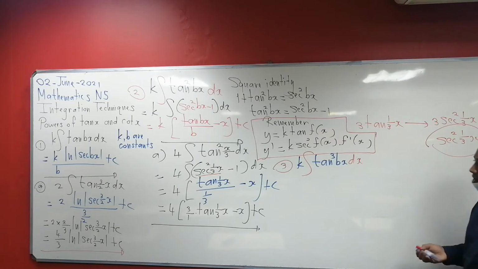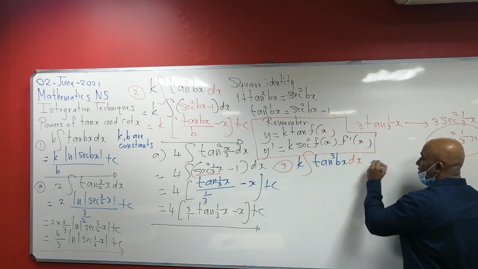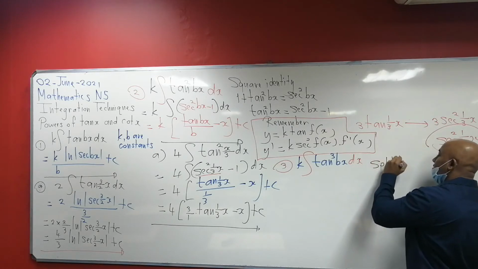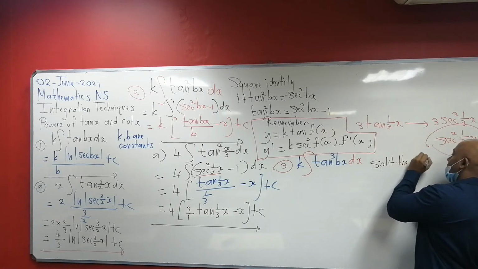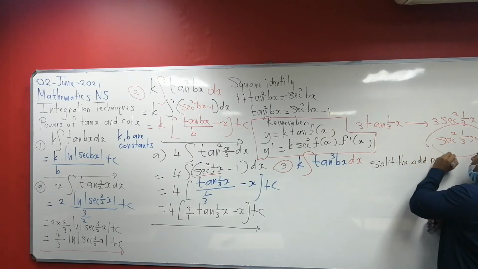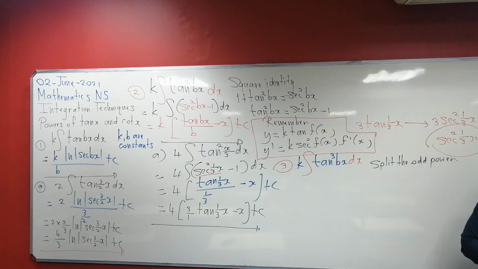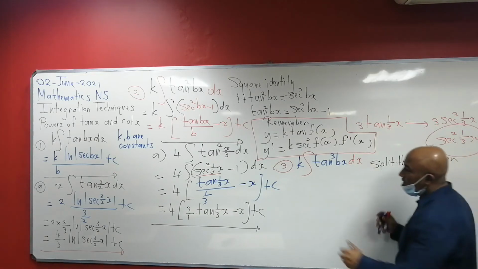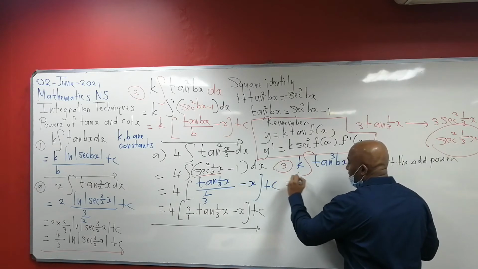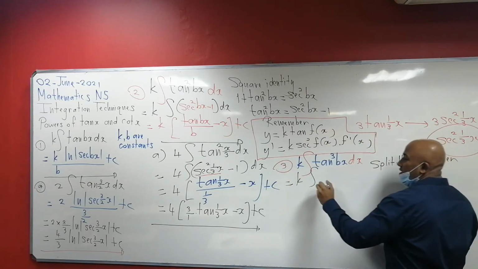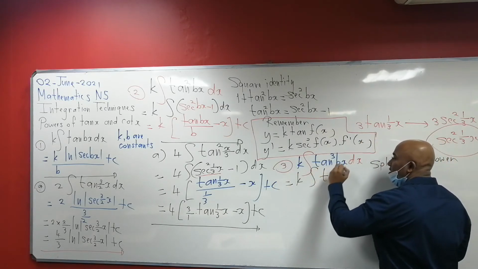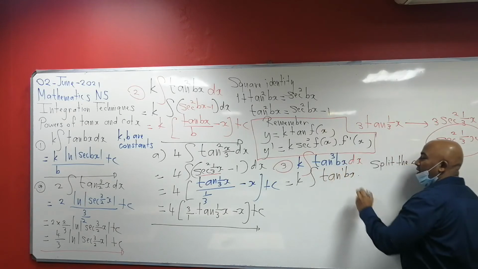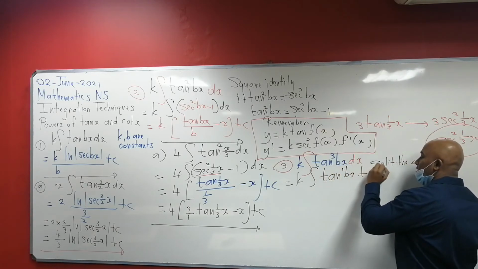So what we're going to do is split the odd power, just like how we split sine to the power 3 and cos to the power 3, we split up tan to the power 3. So if I'm splitting this up, this is going to be tan to the power 1 times tan squared.